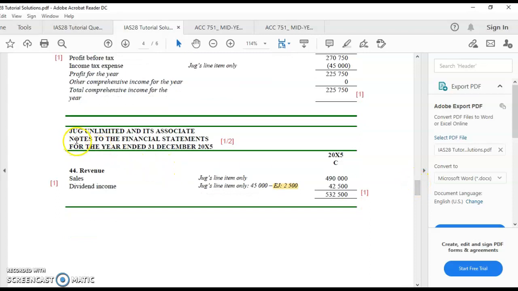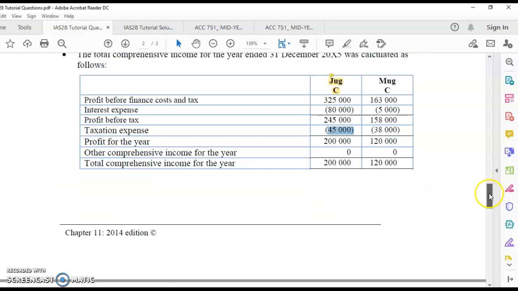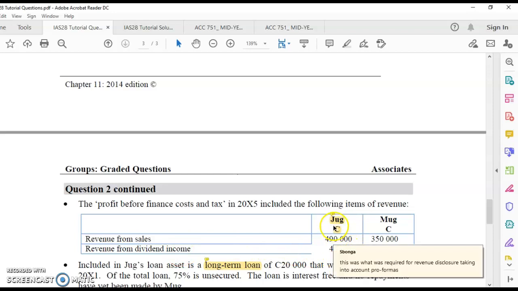And then you are told to do the notes, the disclosure for revenue, and you just had to show what revenue is comprised of. You were told in the question it's made up of sales and dividend income, and you will see that the sales included in the disclosure are the sales of JAC only. There you go, 490. And then the revenue from dividend income is 45,000 only for JAC.